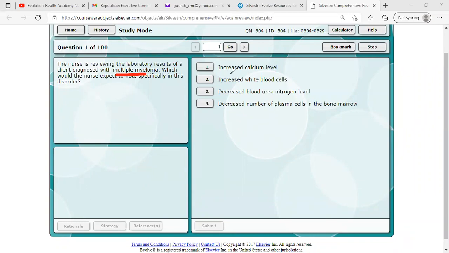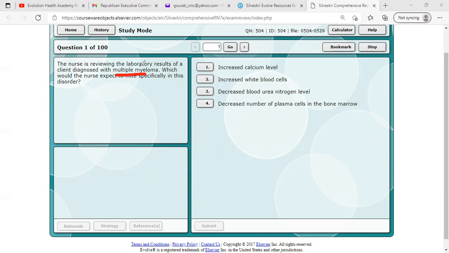It is also known as plasma cell myeloma. It is a type of cancer of the plasma cell, and the plasma cell is a type of white cell that normally produces antibodies.